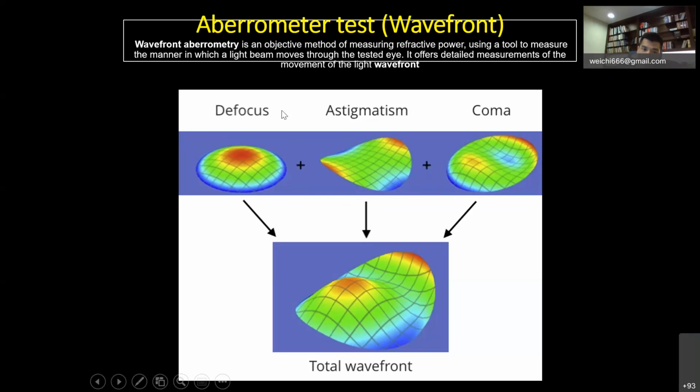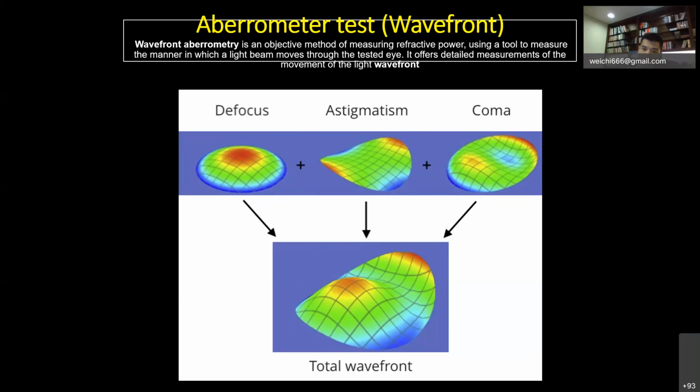But if you have a condition like defocus, or the patient has astigmatism or coma, the plane becomes distorted. If you have multiple conditions, they sum up into a wavefront like this. So it's no longer a flat plane.